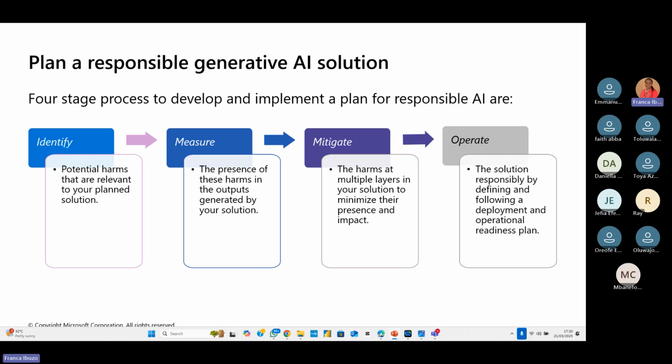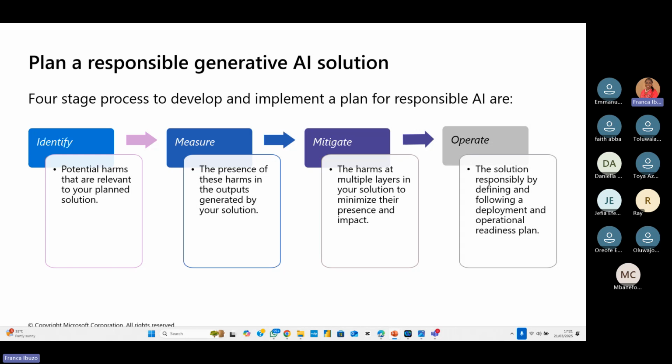First, identify potential harms that are relevant to your planned solution. Identify first, then measure the presence of these harms in the outputs generated by the solution.